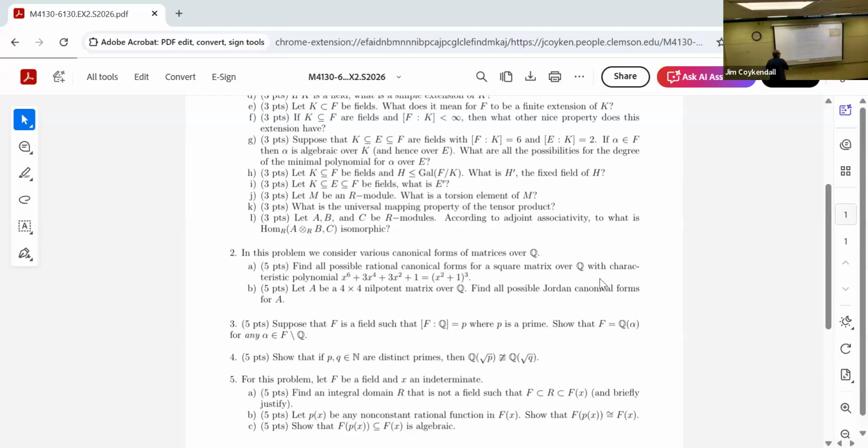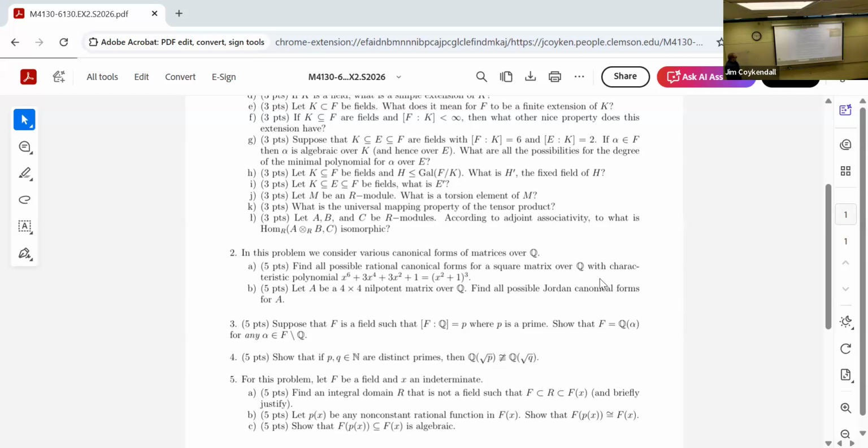So what you have is K inside E inside F, right? And the degree here is 2, and the degree here is 6.